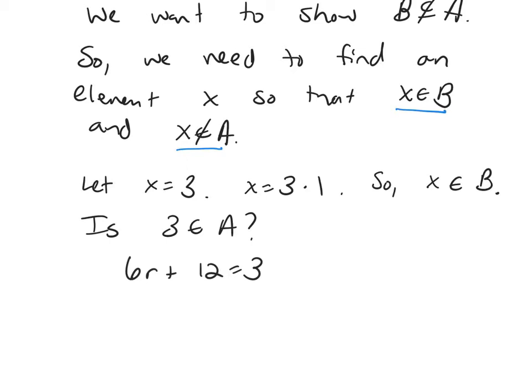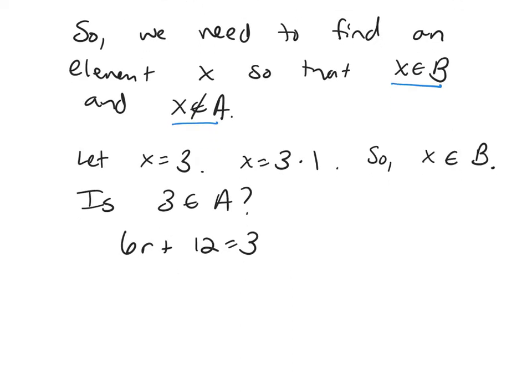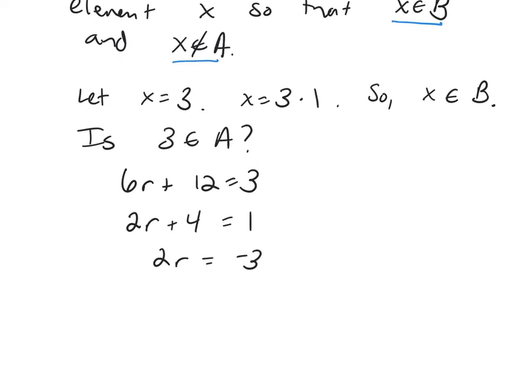So let's see, let's solve for r. Remember, r needs to be an integer. All of these are multiples of 3, so if I divide my equation by 3, I'll get 2r plus 4 is 1. 2r equals negative 3, and r equals negative 3 halves. But remember, r needed to be an integer.